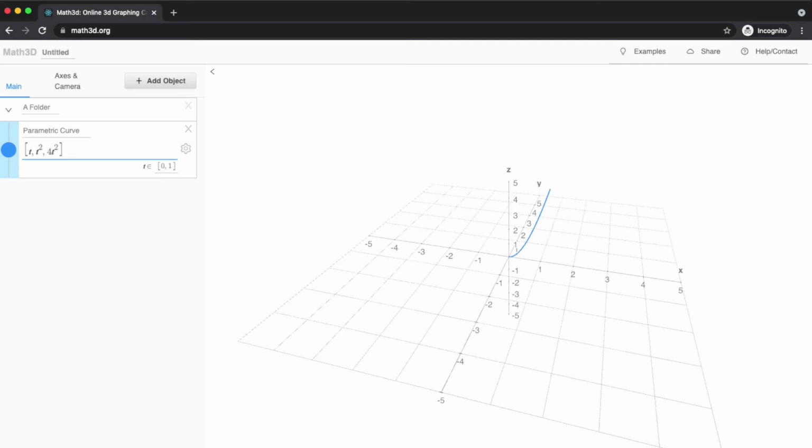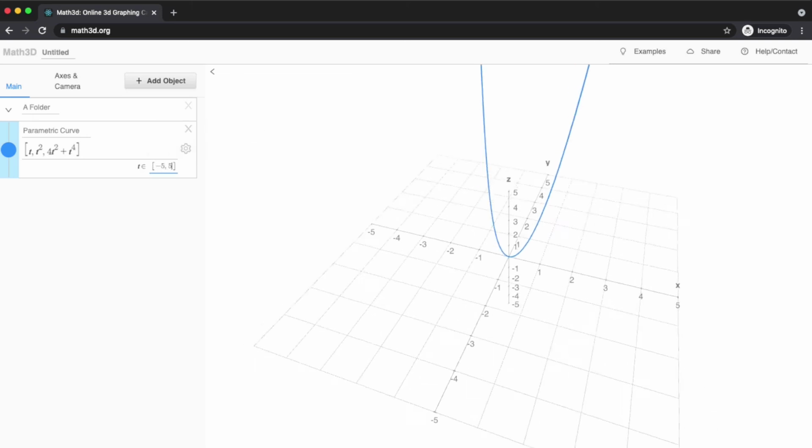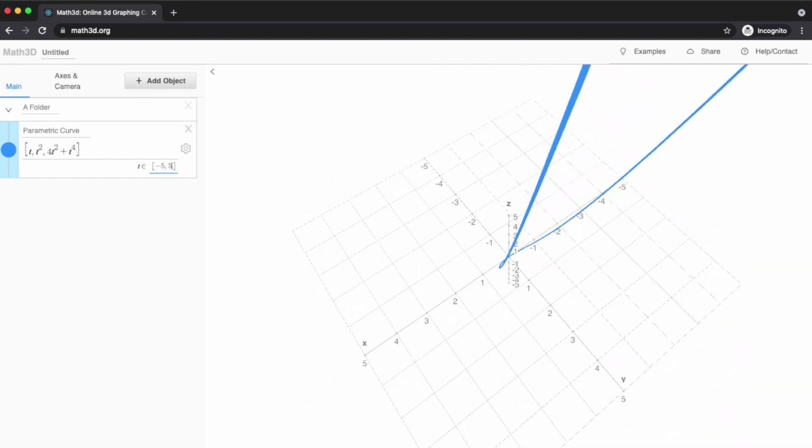Then I have to hit the right arrow button. Right now I'm caught in the exponent. I've hit the right arrow button. I'm now down below and on the regular line. So now I can do a plus t to the power of 4. And I'm going to let t range over the values, let's just go from -5 to 5. That will probably be enough to take us off the page. There we go. So there's our curve.